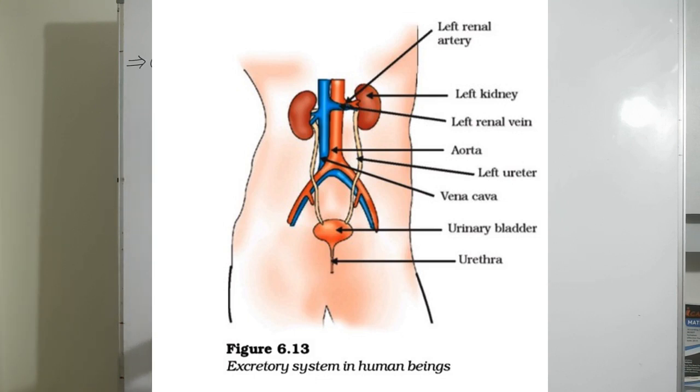Friends, here the word is renal. Renal means kidney. Whatever arteries entering into the kidney and leaving from the kidney are respectively known as renal artery and renal vein. Make sure renal artery will enter into the kidney with the blood and renal vein comes out from the kidney with the blood.